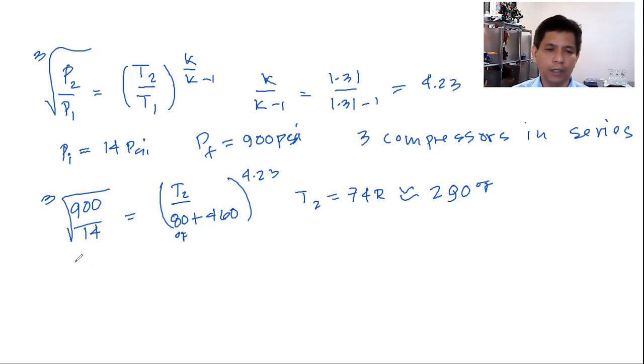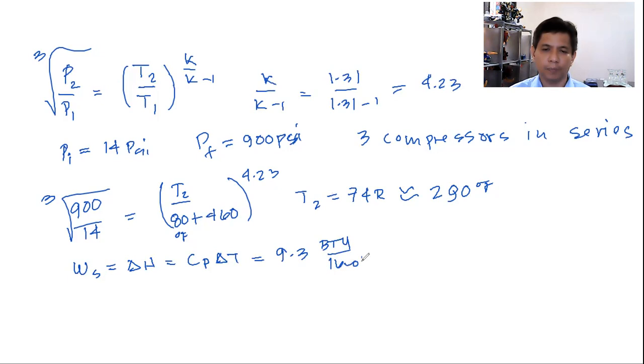Okay, so to calculate WS of the compressor, this is equal to delta H, and this is equal to Cp delta T. So the Cp is given to be 9.3 BTU per pound mole per degrees Fahrenheit. Then delta T is 290 degrees Fahrenheit minus 80 degrees Fahrenheit.